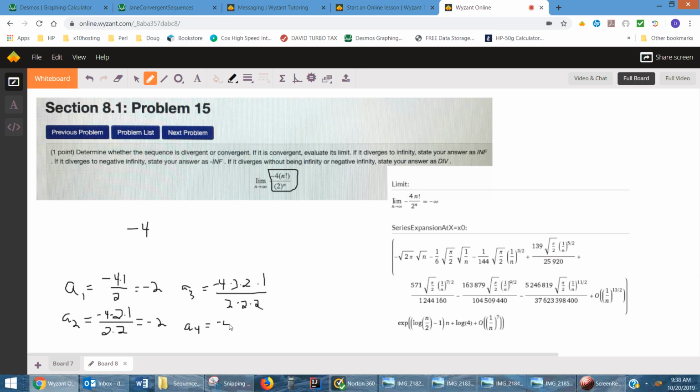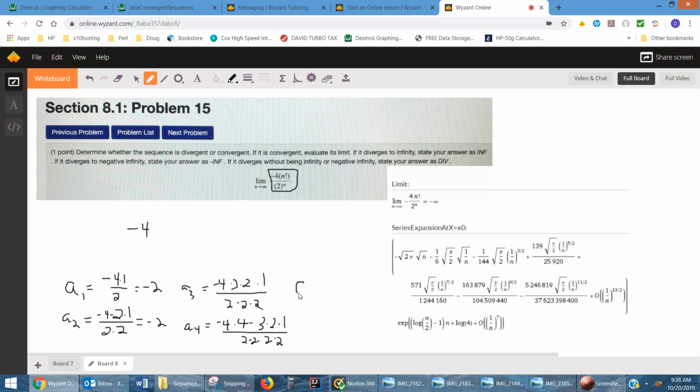A sub 4 is negative 4 times 4 factorial, 4 times 3 times 2 times 1, all over 2 to the 4th. I'm writing it this way so that you can see that the number of factors of 2 in the denominator matches the number of factors of n factorial.